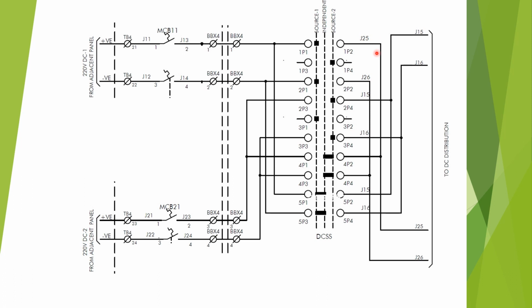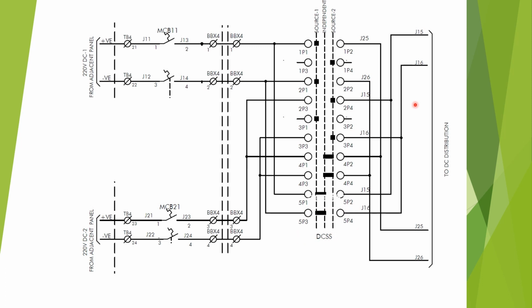So in this case, J15 and J16 and J25 and J26, both will be dependent on DC source 1. Now whenever the DC selector switch is kept at independent position, then this path will be activated. That is 4P1, 4P2, 4P3 and 4P4 and 5P1, 5P2, 5P3 and 5P4.